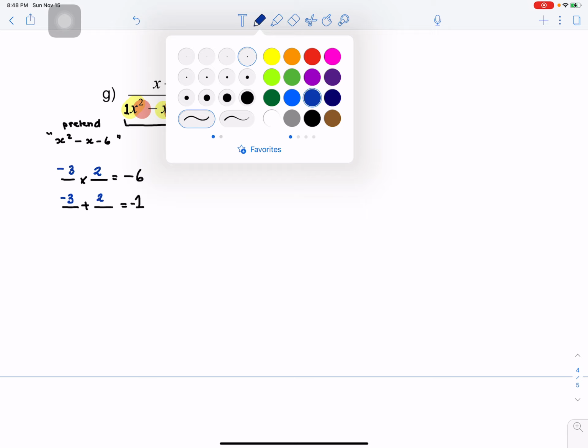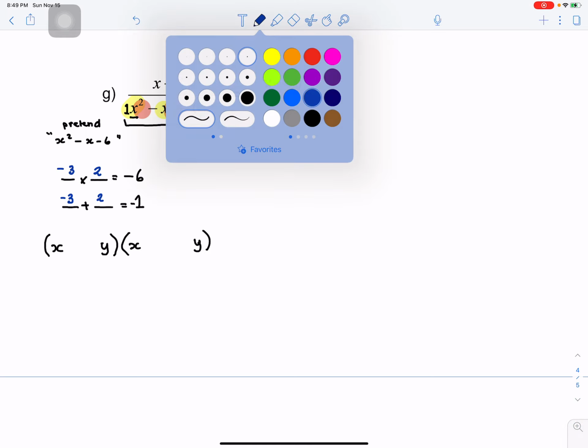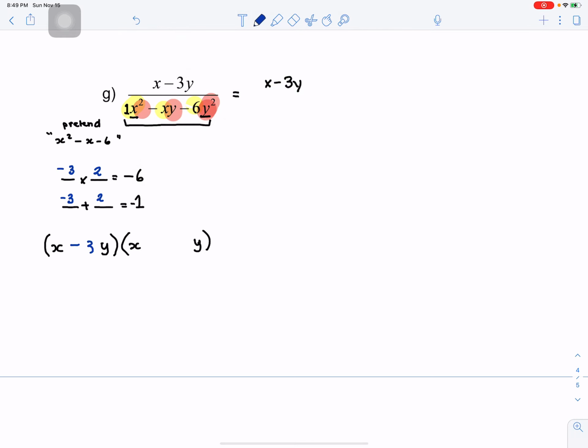Now when I do my terms in brackets, this is the part that is going to be different. Normally I would put an x here and an x here, and then the number here and the number here. But now I want a y term here and a y term here, because this has a y and this has an x. And then I put my two numbers in between, minus 3, positive 2.